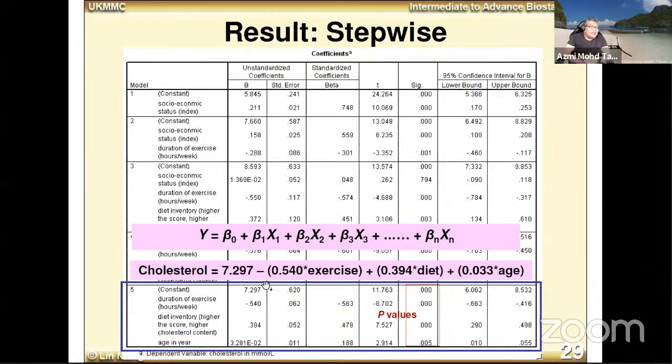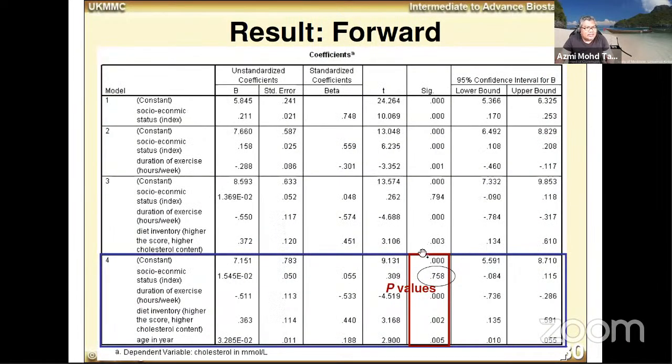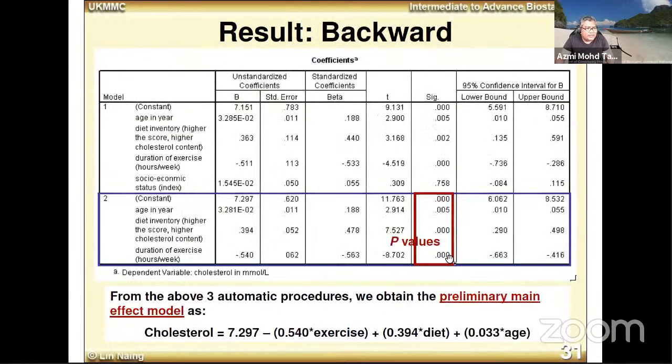Based on the model that we had, the stepwise and the backward, the constant is 7.297 minus 0.540 exercise plus 0.394 diet plus 0.033 for age. And this is the same as with backward.